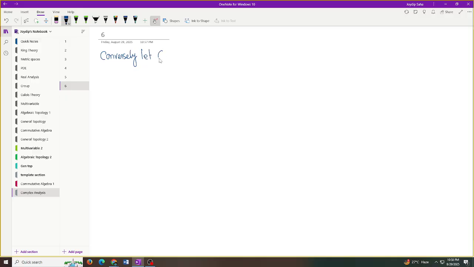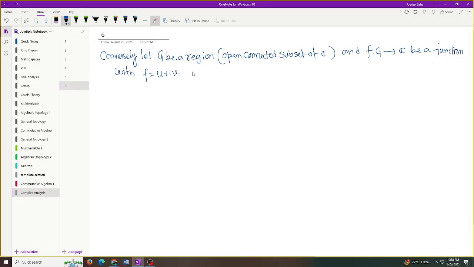Let G be a region, that is, an open connected set, and f from G to C be a function with f = u plus iv that has continuous partial derivatives.